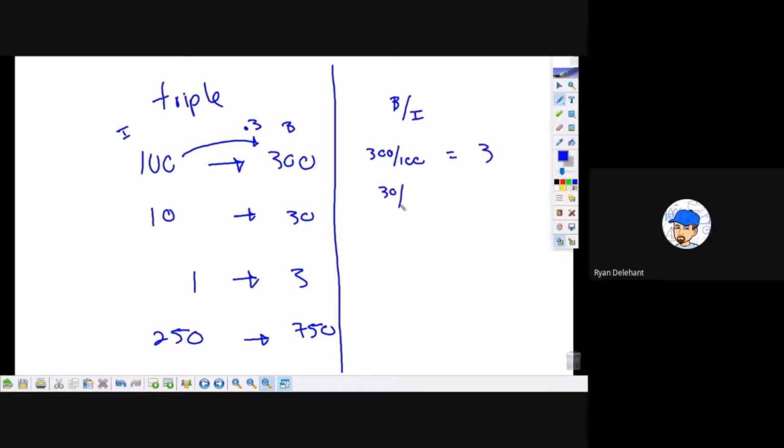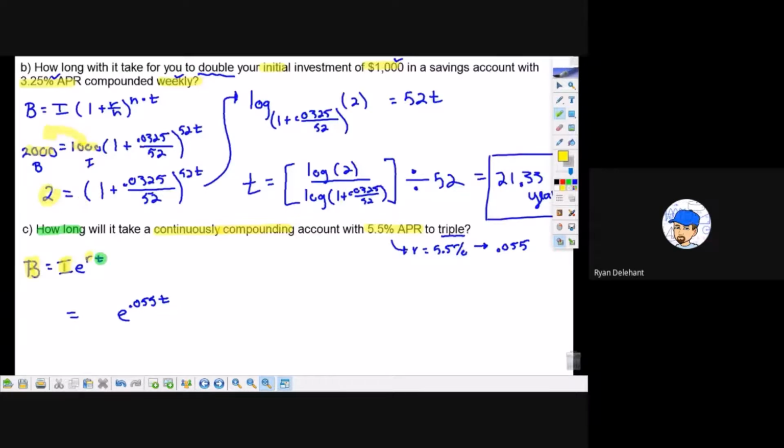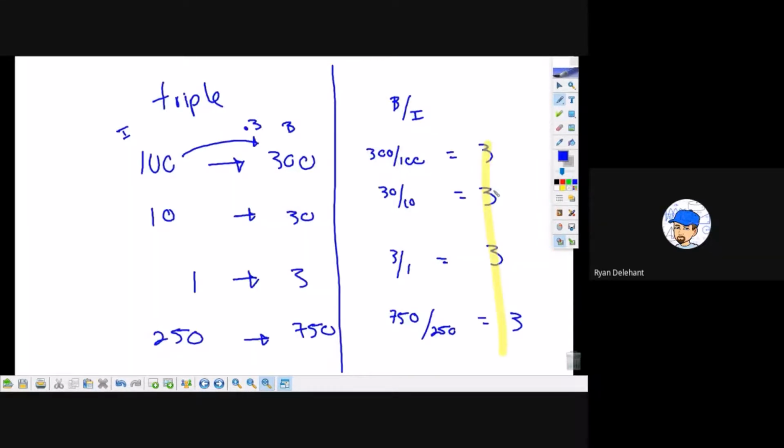What is 30 divided by 10? 3. 3 divided by 1 is also 3. 750 divided by 250 is also 3, because I want this to triple. If I wanted it to double, what number would I be getting out every time I divide it? We look back here, well, this was a double. We got a 2. That number is going to be the same based on this word, triple, okay? It doesn't matter what you start with because our operations are going to be, well, we're going to have to divide that first. We're always going to get this same result for triple.